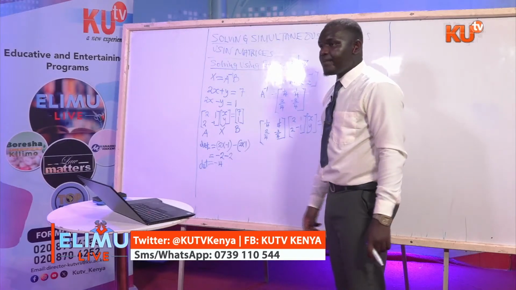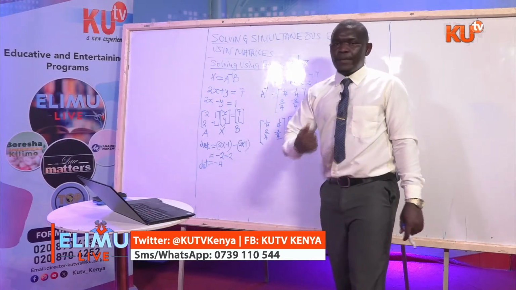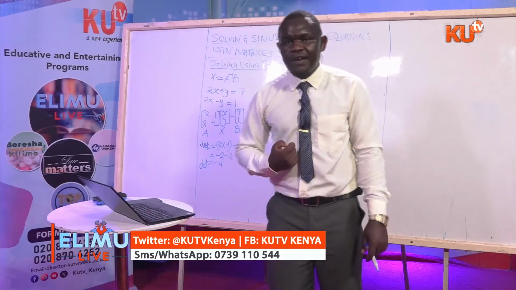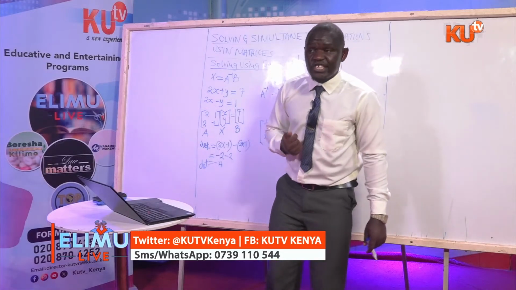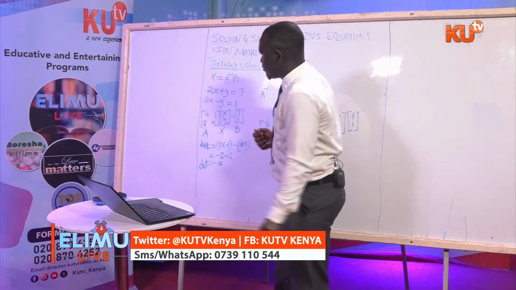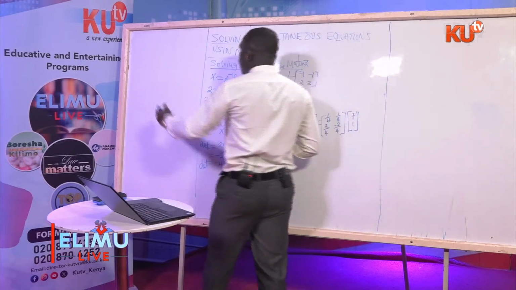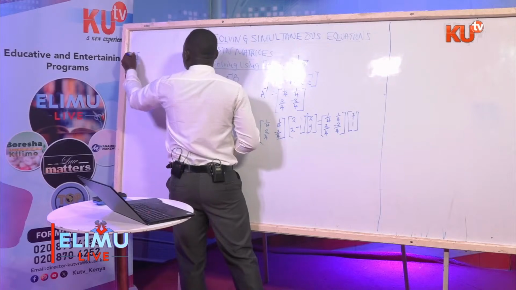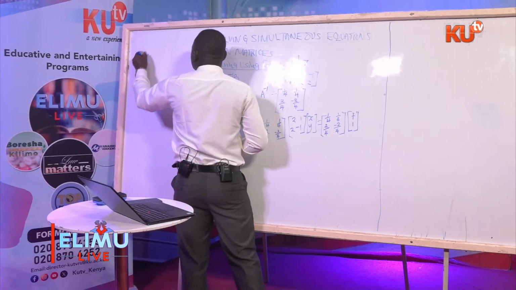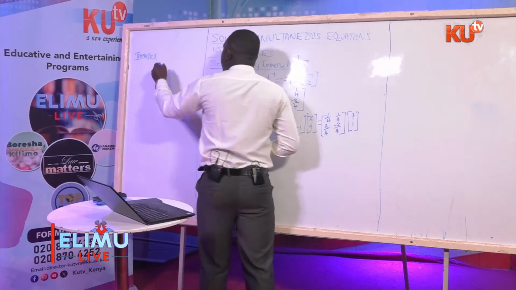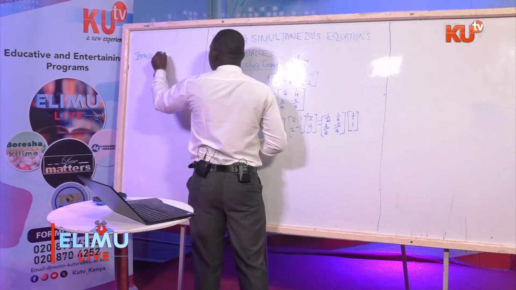Then there is something, learners, that you need to remember. What do you need to remember, learners? The inverse of the matrix times the matrix itself gives what you call an identity matrix. Inverse of the matrix, you multiply this by the matrix itself.